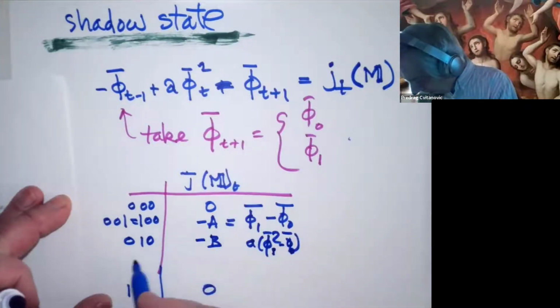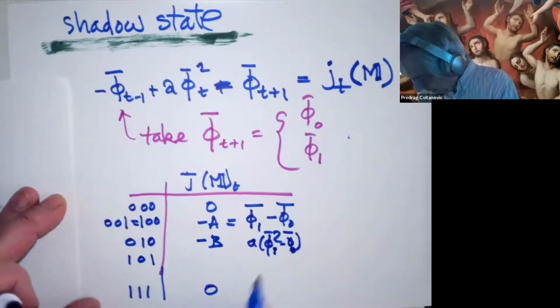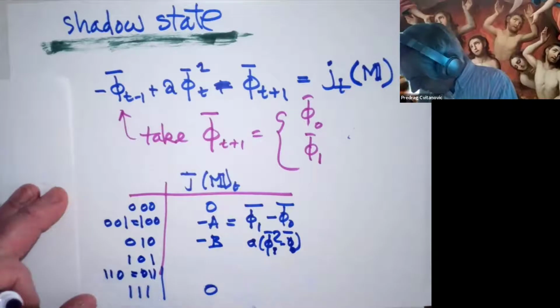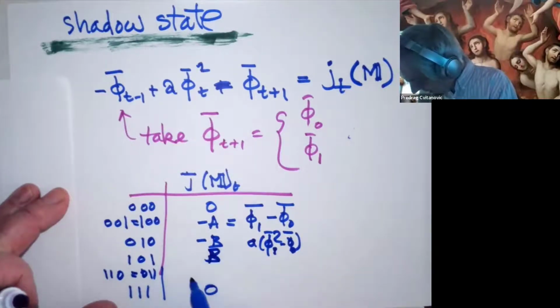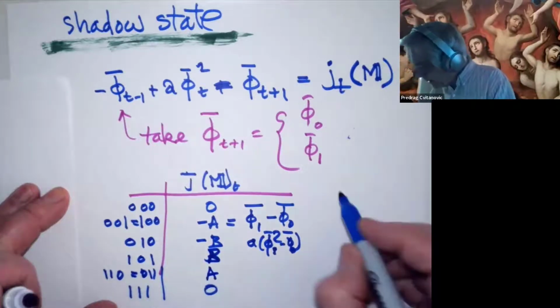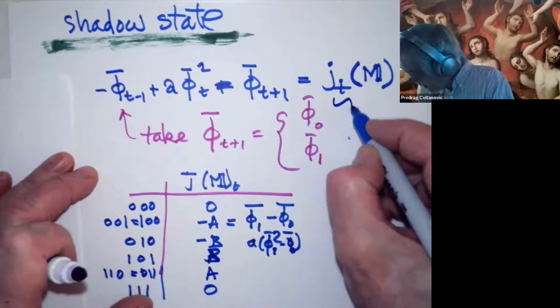And then when I look at 1, 0, 1 and 1, 1, 0, I get these numbers again, just with minus signs. In other words, this only takes 3 values.